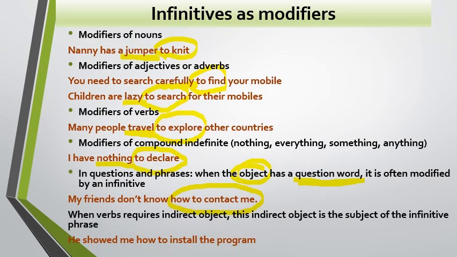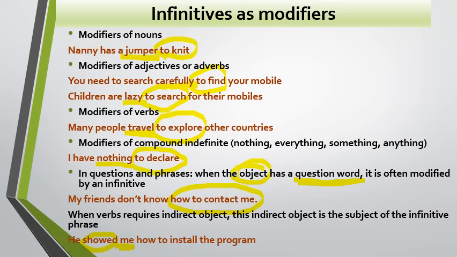The next case, and by the way, this is related to it, is when verbs require an indirect object. This indirect object is the subject of the infinitive phrase. For example, he showed me. Showed needs an indirect object. He showed me how to install the program. Showed is one of the verbs that require an object or indirect object.